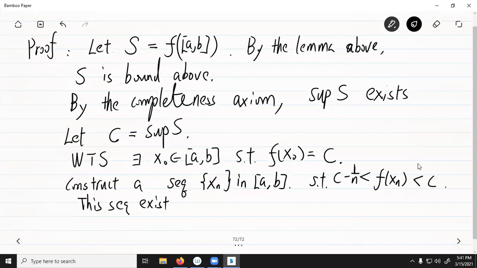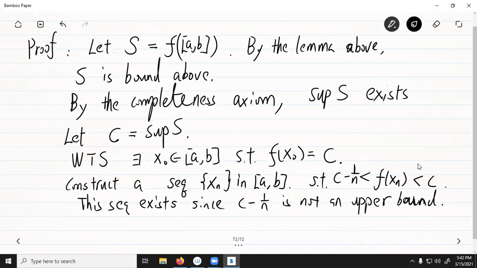So this sequence must exist, since C minus 1 over N is not an upper bound. The reason is C is the supremum, the least upper bound, right?